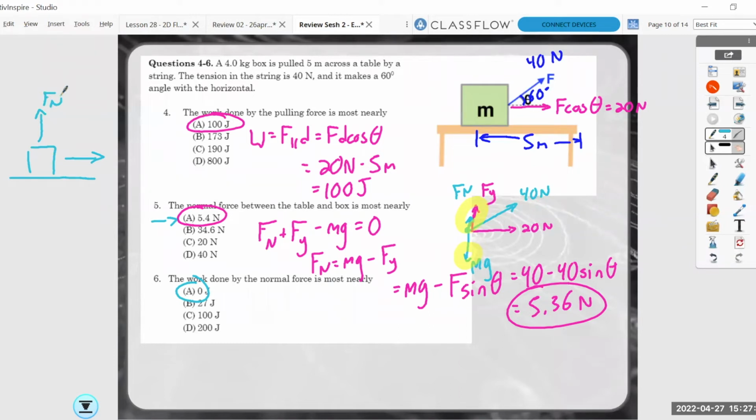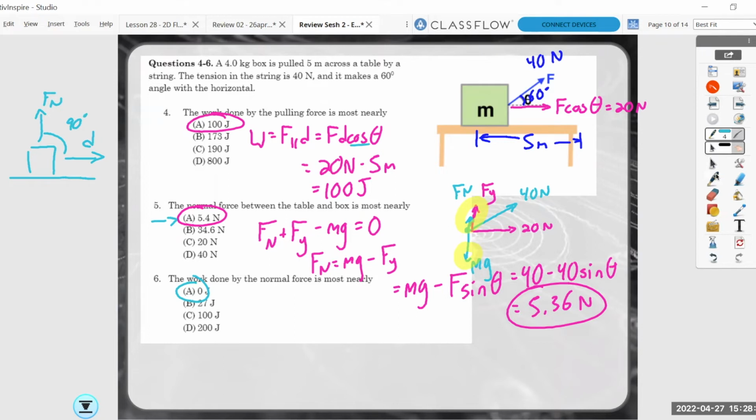In order for our forces to do work, they have to be parallel. Well, how parallel is our normal force to our displacement? Well, it's not, right? They're at right angles. And in fact, if you want to be really scientific about it, this angle is 90 degrees. You look at our work formula, it's got a cosine theta, and cosine of 90 degrees is 0, is absolutely nothing. So the normal force does no work.